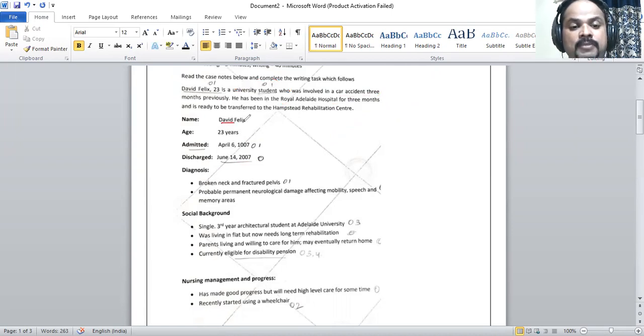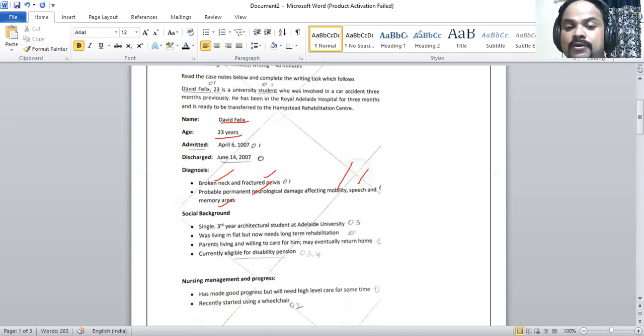Now, the patient's name, 23 years old, and his diagnosis: broken neck, pelvic fracture, probable permanent neurological damage affecting mobility, speech, and memory areas.